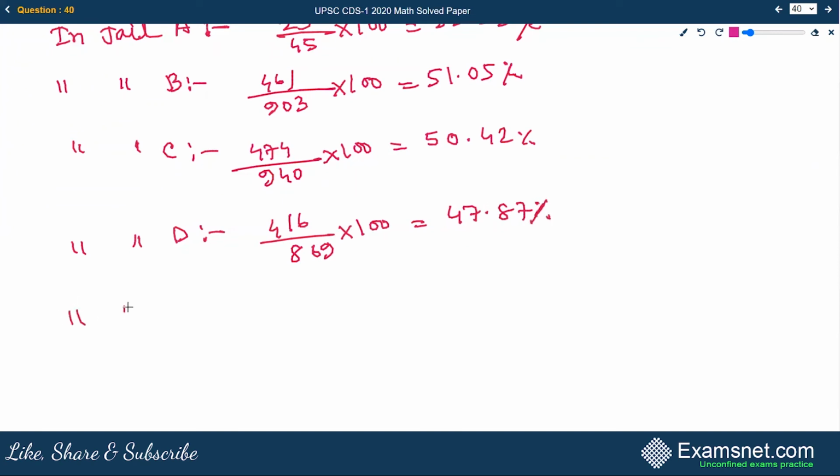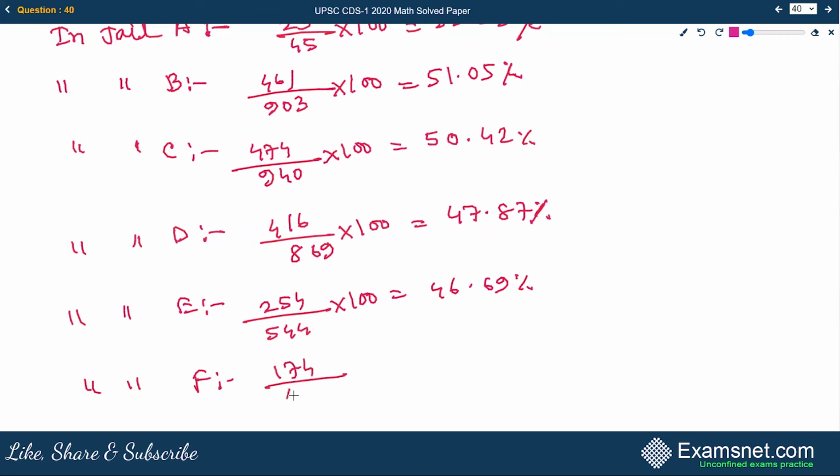In jail E, 254 by 544 multiplied by 100 will give us 46.69%. In jail F, 174 by 464 multiplied by 100, that is 37.50%.